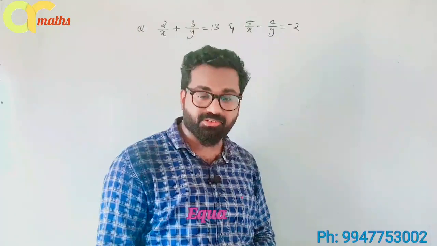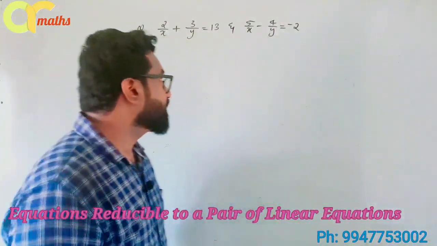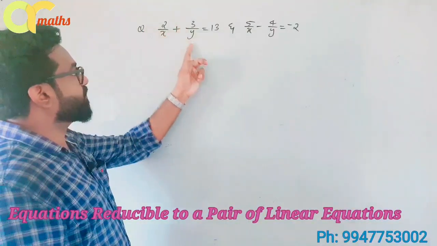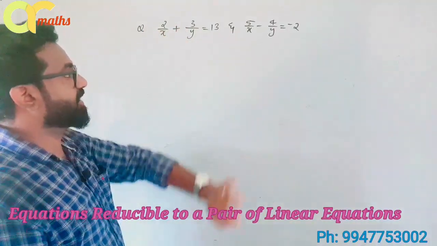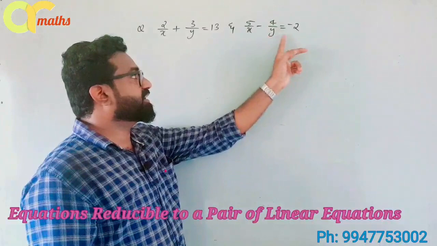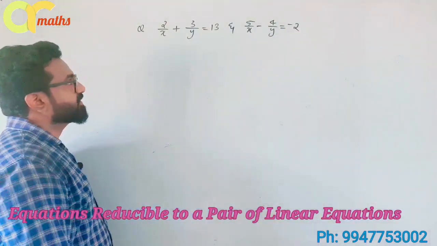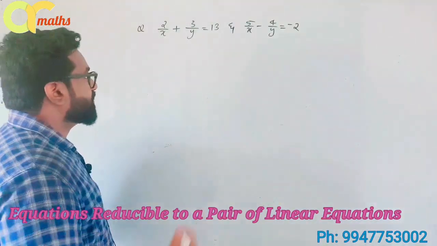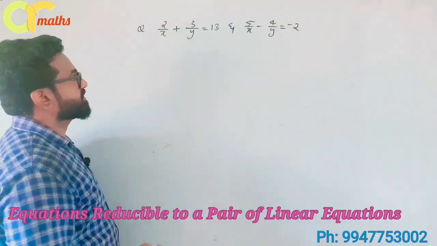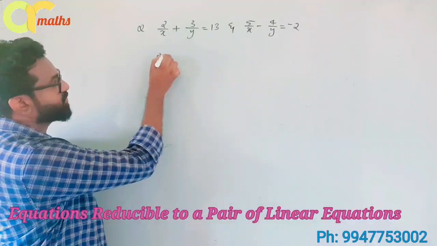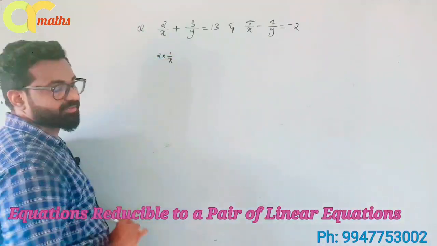What is my reducible equation? Listen. Here 2 by x plus 3 by y equal to 13 and 5 by x minus 4 by y equal to minus 2. You have to find the values of x and y. So, in this type of questions, listen, 2 by x means 2 into 1 by x, clear?